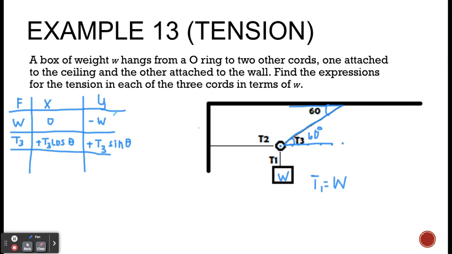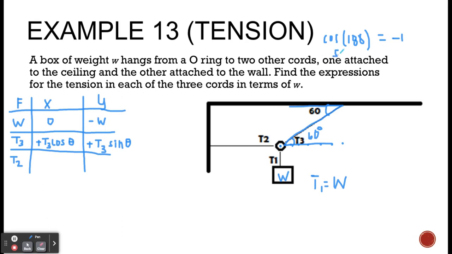Okay, T2. Two ways to approach this here. Again, technically cosine of 180 degrees, which is the position of T2. If you take cosine of 180 in your calculator and plug it in, you're going to get -1. When you take the sine of 180, you're going to get 0.